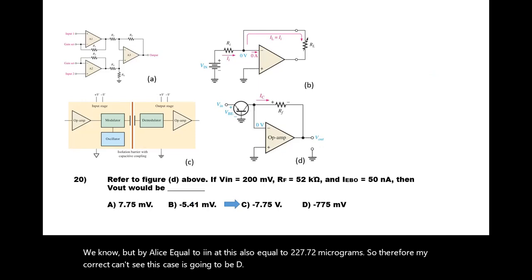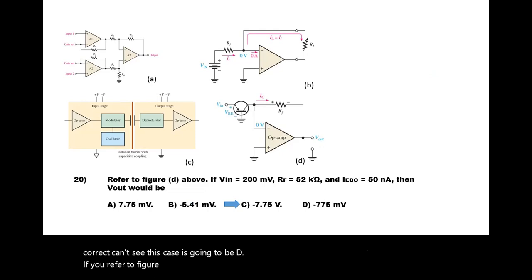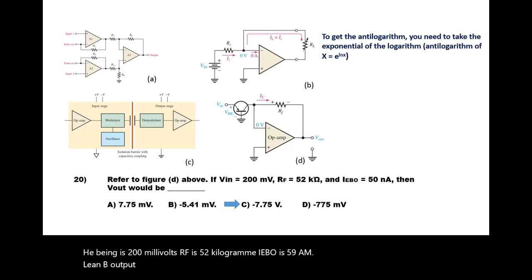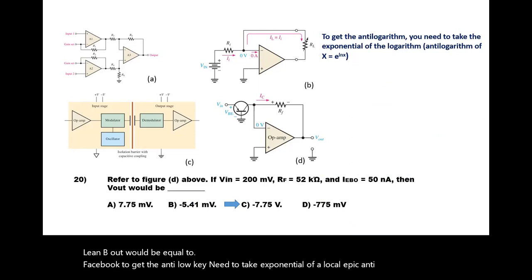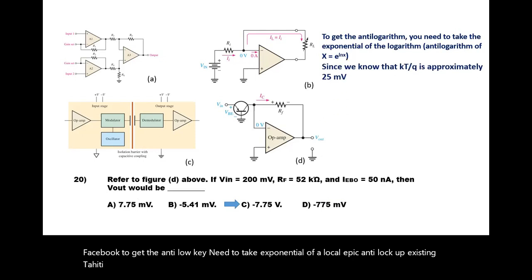If you refer to figure D above, the VIN is 200 millivolts, RF is 52 kilo ohm, IEBO is 50 nanoamp, then V out would be equal to, first of all, to get the anti-log, you need to take the exponential of a logarithmic. Anti-log of x is equal to e to the power ln x.